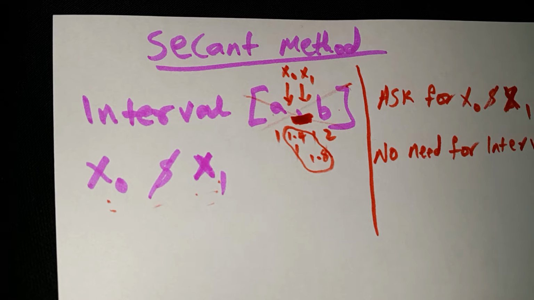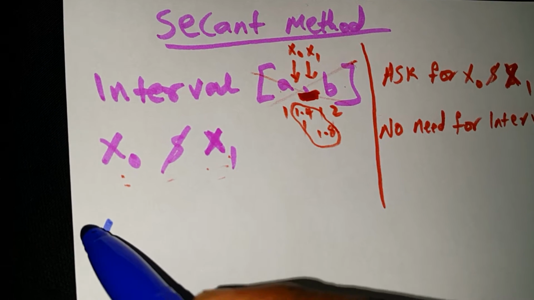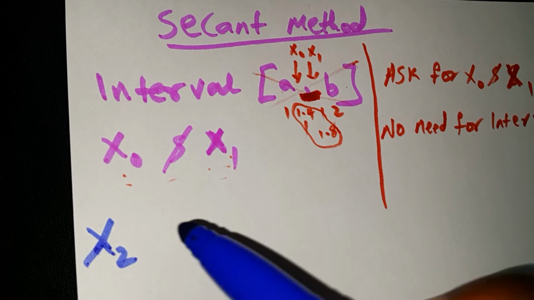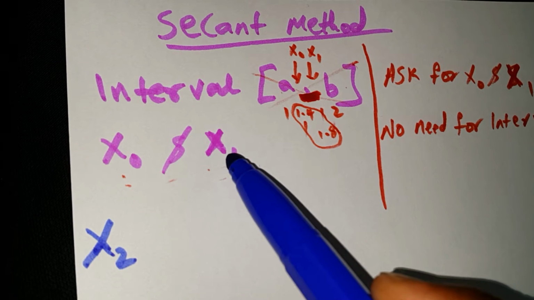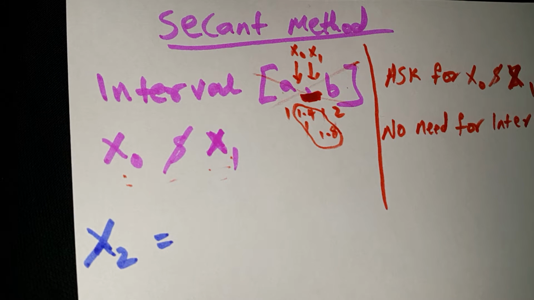Our formula starts from x2, because you already know x0 and x1 from the interval.